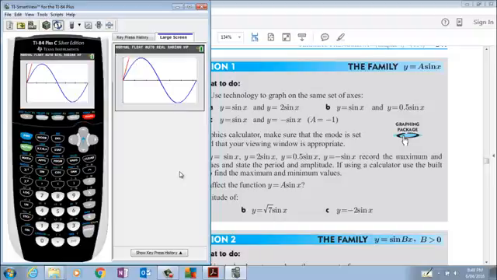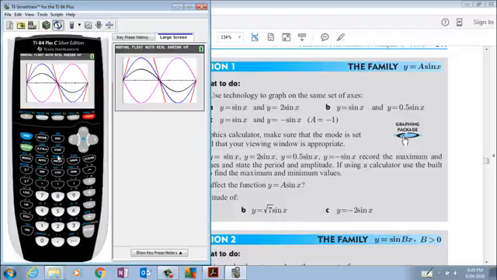Here's the next one, 2 sine x. Now that's going past our 1 minus 1 limit, so we're going to have to go back and expand that window. This is a half sine x. Clearly it's bringing it down half the amplitude, and here comes minus sine x.